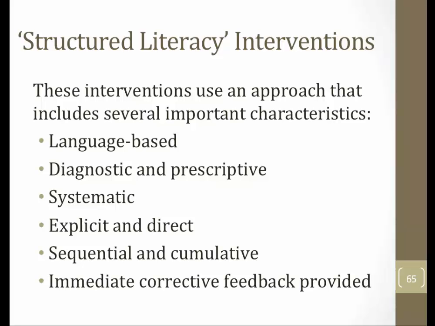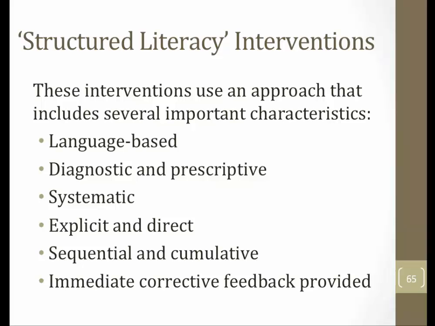So a lot of the folks out there who are doing great work, Orton Gillingham, Wilson, Slingerland, Project Read, I don't want to leave folks out of this, but there are lots of structured literacy interventions around, and we're looking to unite these groups in an effort to give children good instruction and describe what that should include.